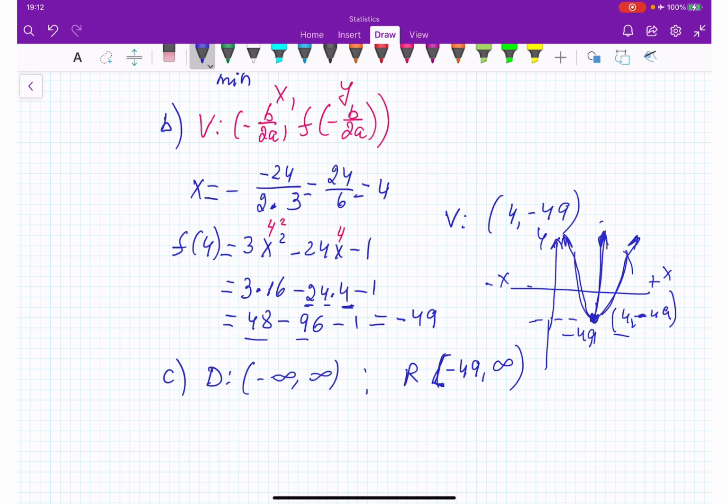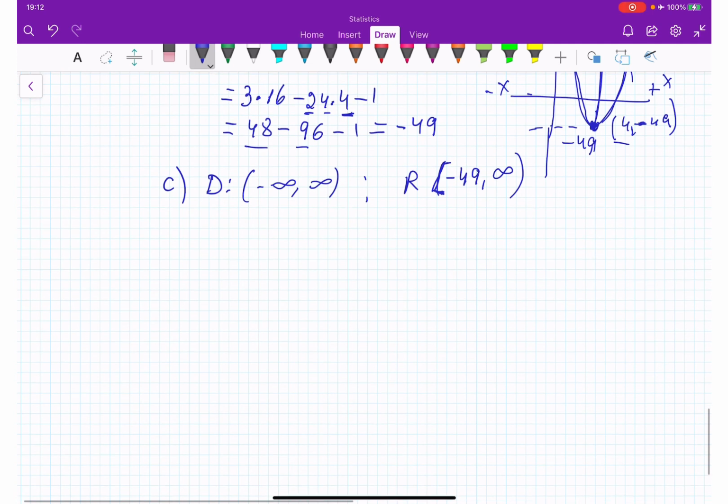Question number 11. Next problem, we have f of x equals negative 3x squared, we have a negative sign, plus 30x minus 8. So a, what do we have?